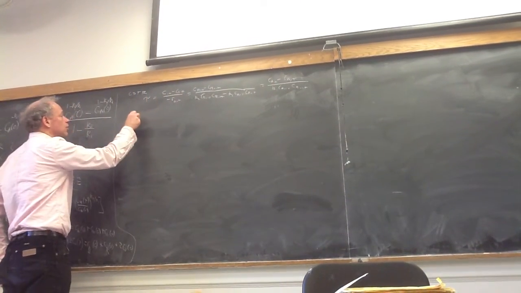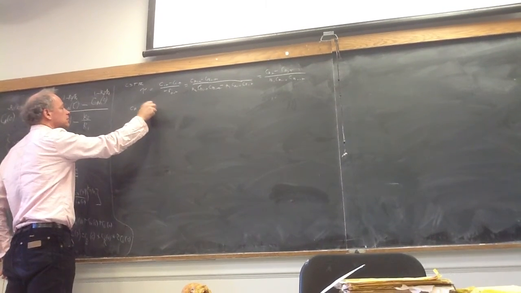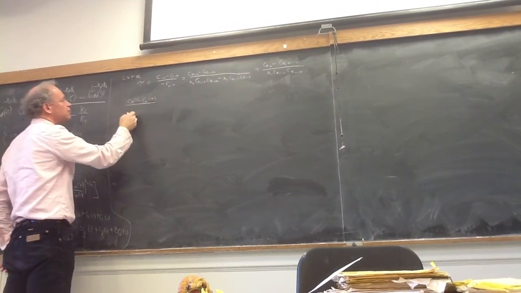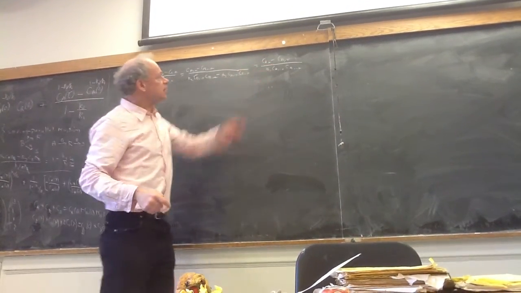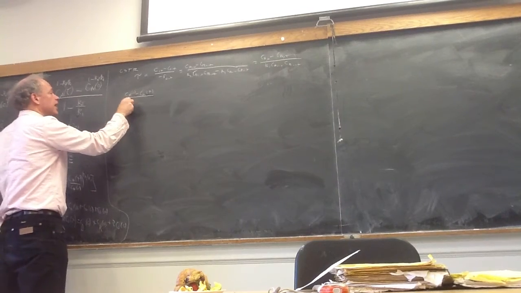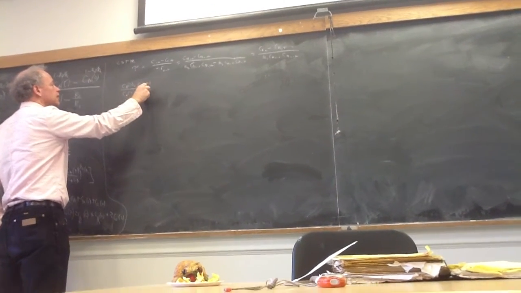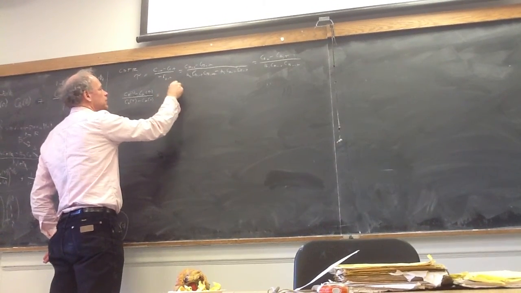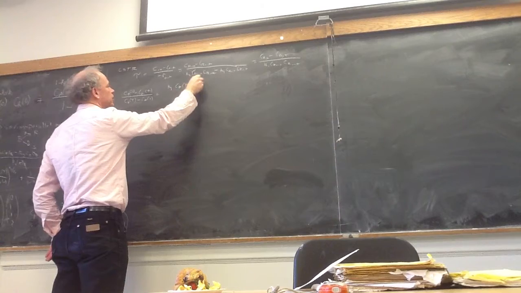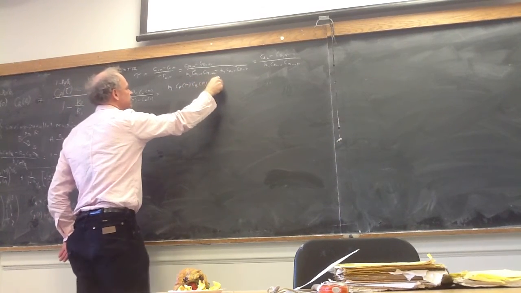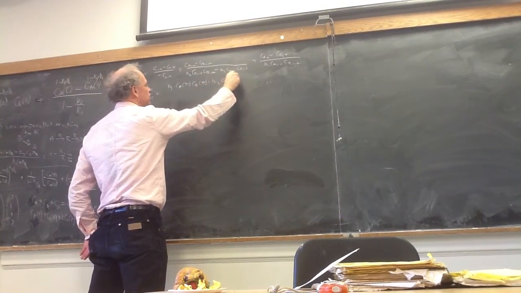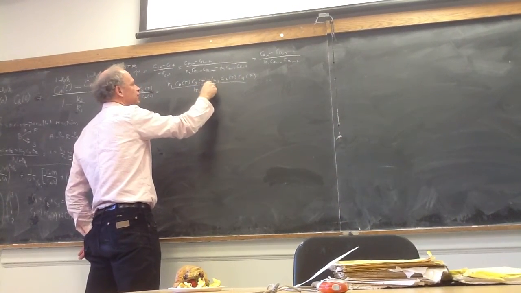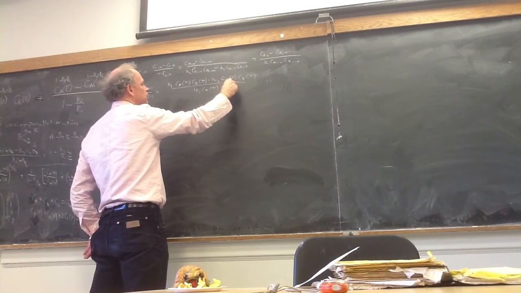So if I write it as CR in minus CR out, in is of 0, out is of tau, divided by the negative of this thing. So I've got CA of tau minus CA of 0. That's equal to K1 CA of tau, CB of tau, minus K2 CR of tau, CB of tau, over K1 CA of tau, CB of tau.